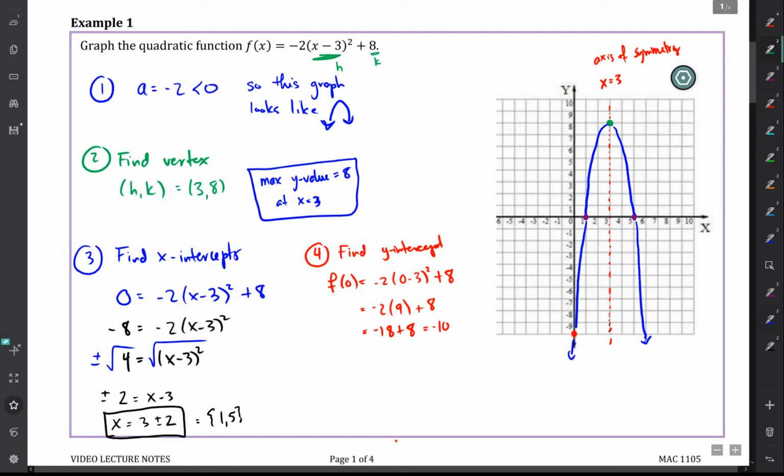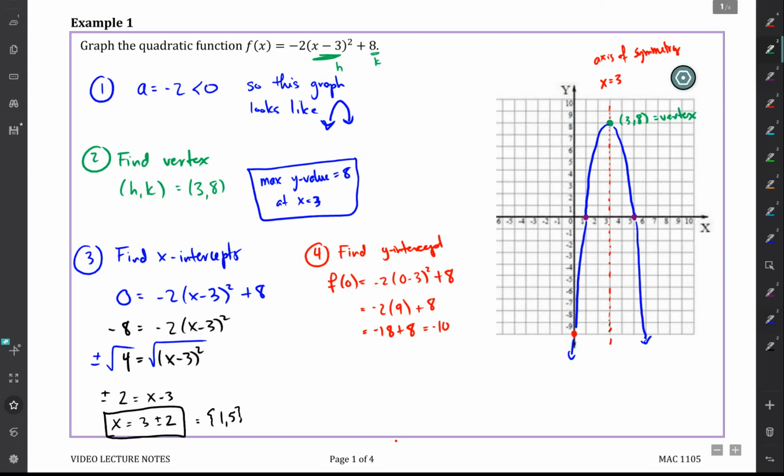And again, the vertex was 3, 8. Okay, so finding all of these things, finding the vertex, finding the x-intercepts, and finding the y-intercept just boils down to some algebra.